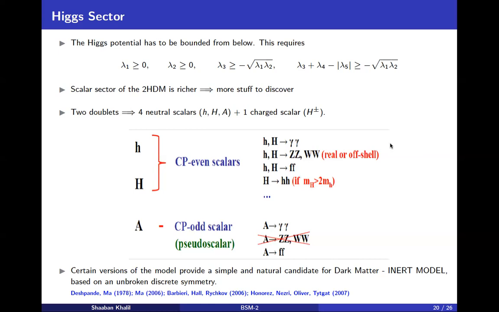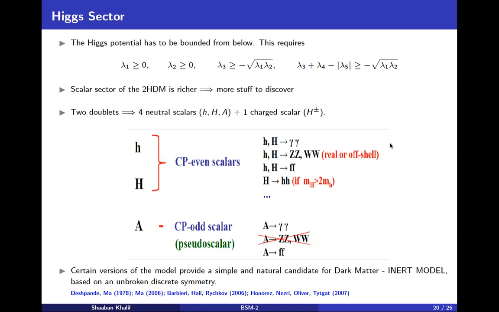Still, we have the heavy and pseudoscalar, and we have charged Higgs too. So this is a description. Little h and capital H are called CP even scalars, and A is CP odd. So this will restrict some types of decay and production for each of them, as you can see here.